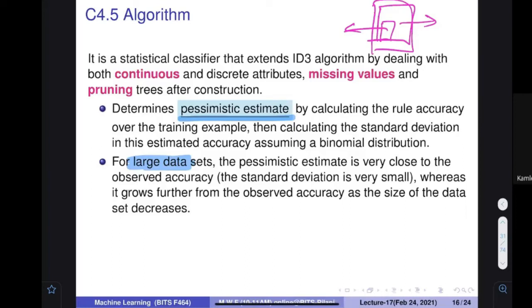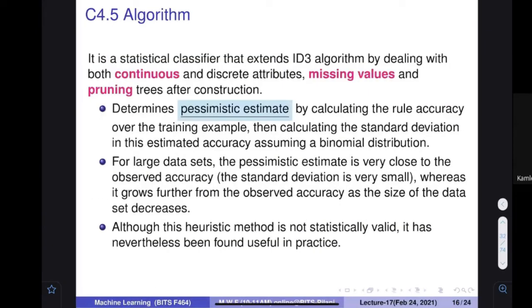So if a large number of data is there, then pessimistic estimate approaches can be used. However, this is a heuristic based method that is not statistically valid, and it is very difficult to come up with these kinds of things, as I told you earlier. So this is one method.